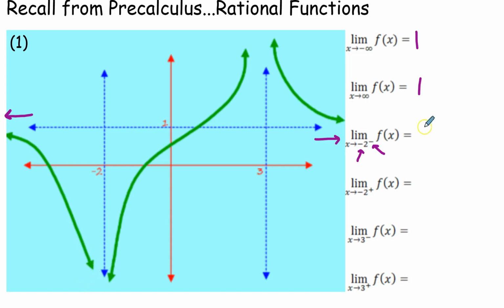So the value of the limit is -infinity. What about the limit as x approaches -2 from the right? So that's the negative sign and that's the from the right sign. So still -2, but we're getting closer and closer to it from the other side. What are the y values doing? They're also going down toward -infinity.